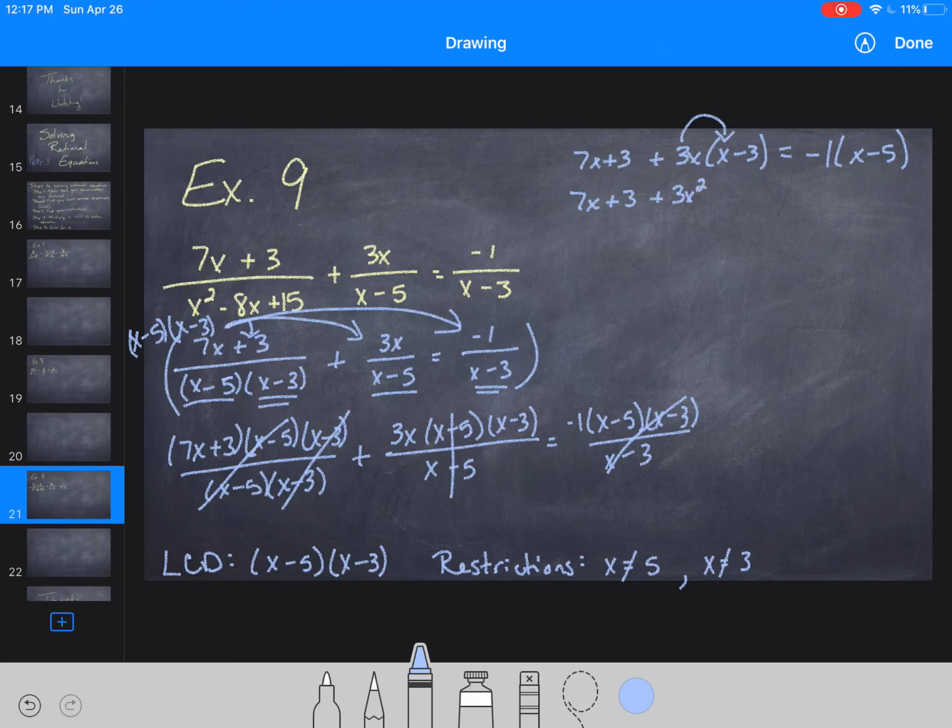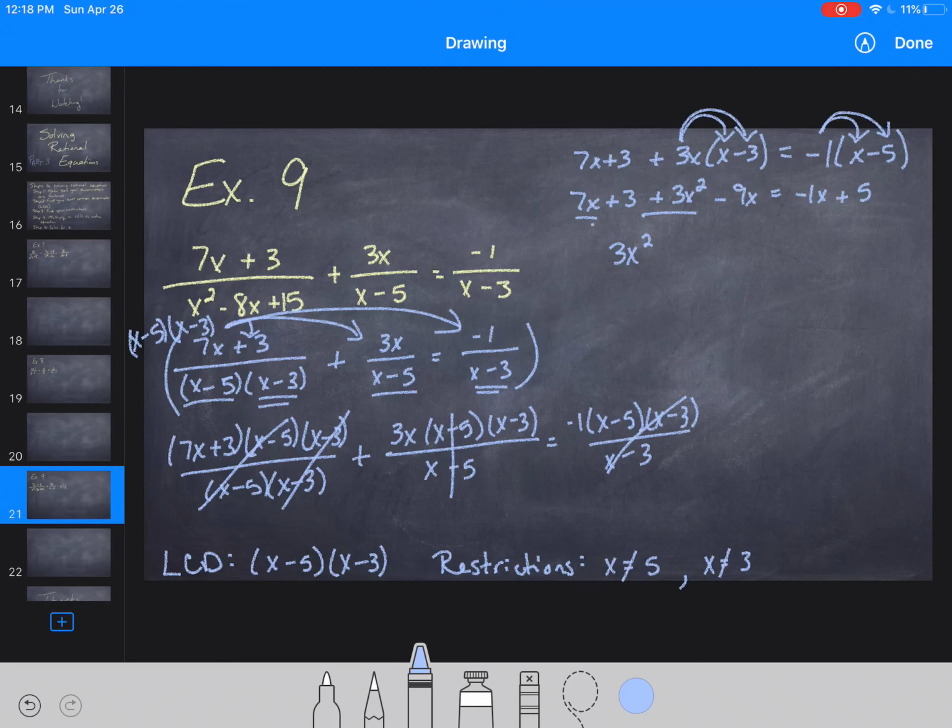Now I'm going to use the distributive property so I can simplify this some more. I have 7x plus 3. When I multiply 3x times x, I get a positive 3x squared. 3x times a negative 3 gives me a negative 9x, is equal to negative 1 times x gives me a negative 1x.